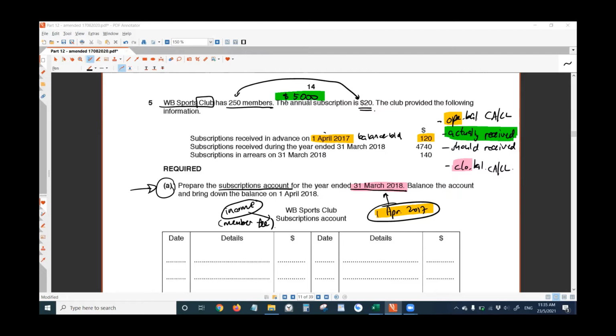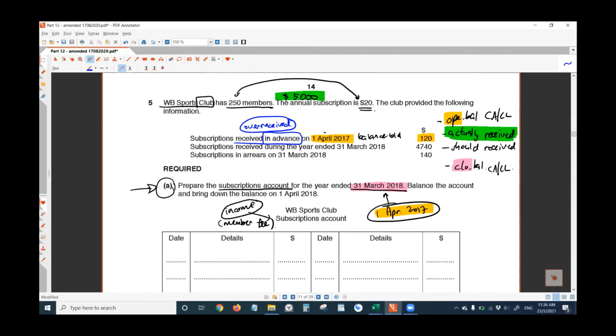So I was talking about the 120, right? Now we have to determine whether this is CA or CL. It says received in advance. That means we over-receive the member fee from the members. Why? Maybe some members want to pay for the following month's subscription as well.